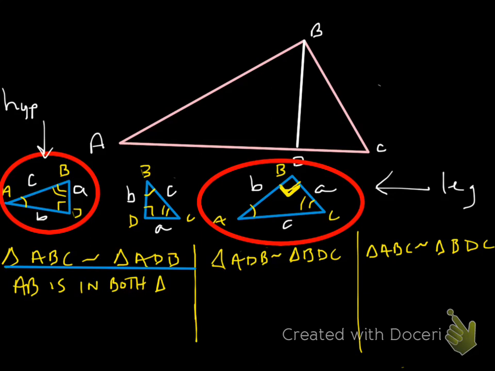Let's go to the next one. What does triangle ADB and BDC have in common? Yeah, BD is in both. But again, in the first triangle, BD is leg A. In BDC, which is that middle triangle, BD is leg B. So they don't go together.